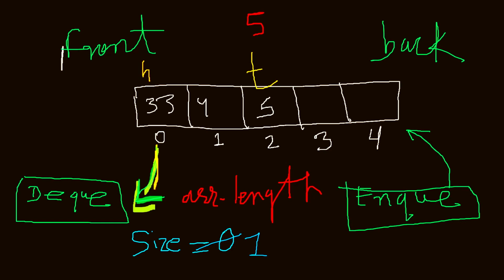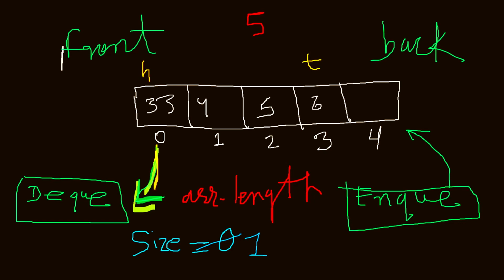Now again, if you want to insert an element, this tail will move forward from index 2 to index 3, right? Okay, and now 6 is added here.